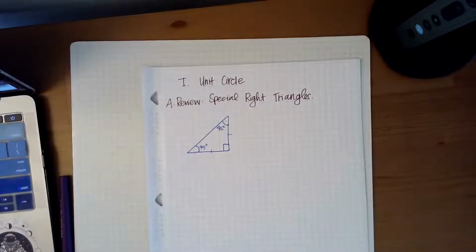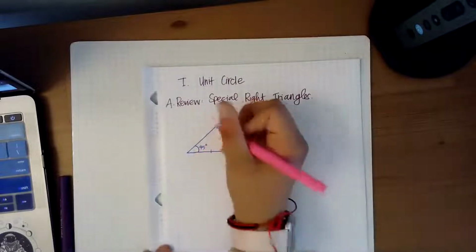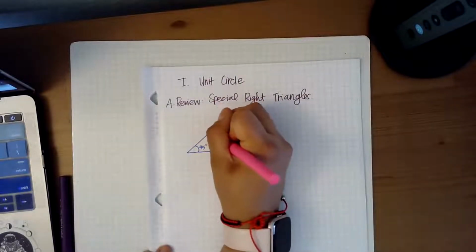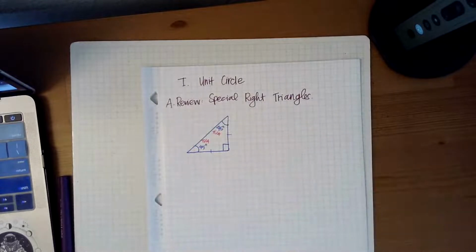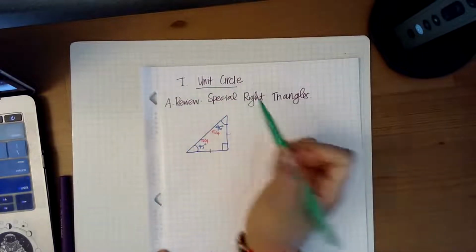Because we already know radians, I'm also going to always label these according to both the degree and radian measure. So 45 degrees is also equivalent to pi over 4 radians. Just making sure we recognize that. And remember that these special right triangles are going to be linked to the unit circle.